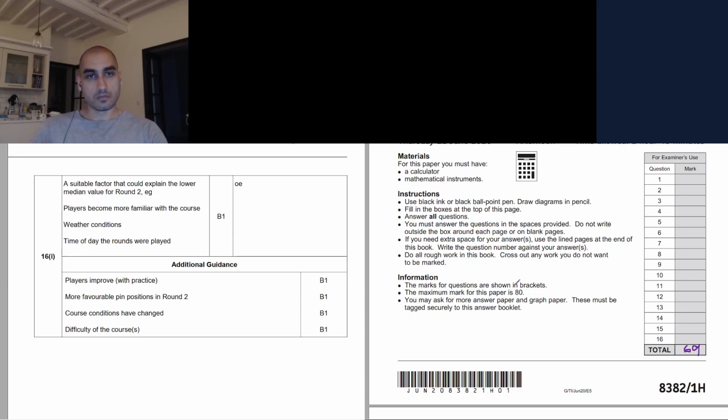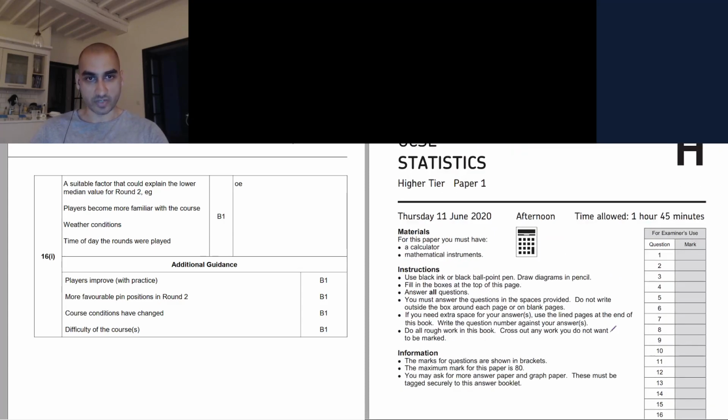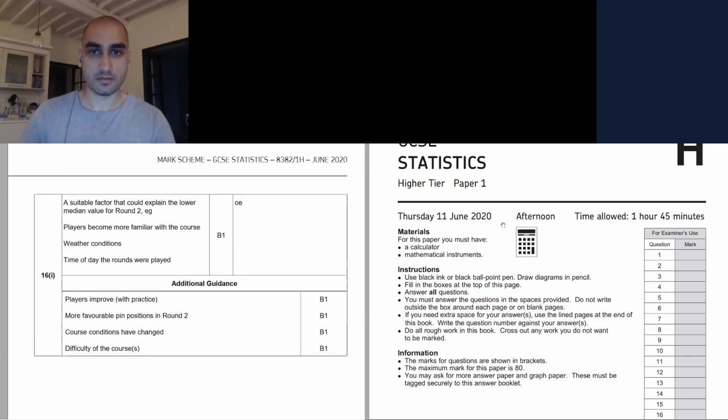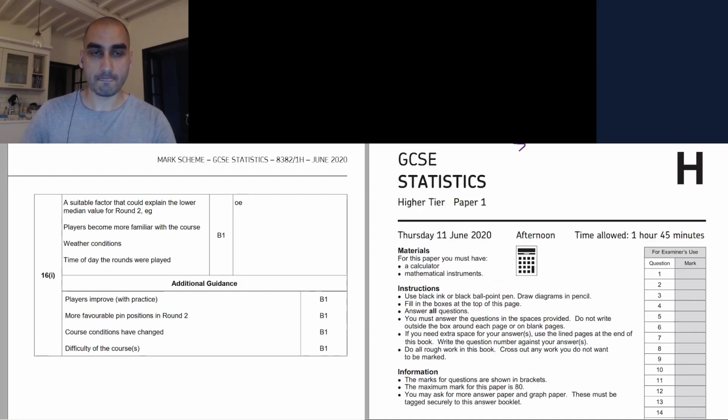All right, so what is the pass mark for grade 9? I mean, we still need to do paper 2, but I'm just curious as to what we're aiming for. So let's see. Okay, it's GCSE statistics grade boundaries 2020. Well, that's Edexcel.